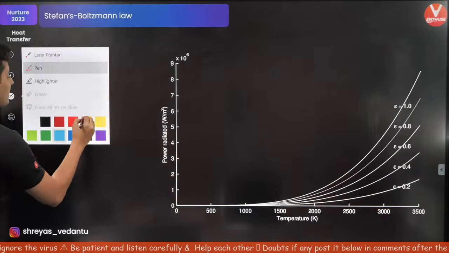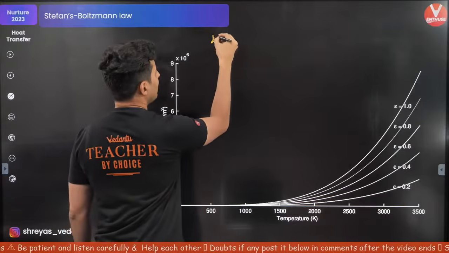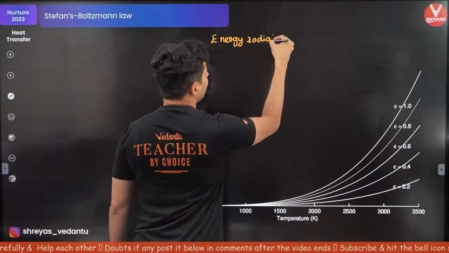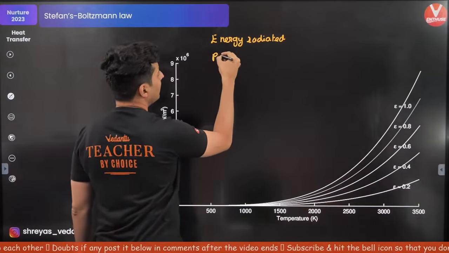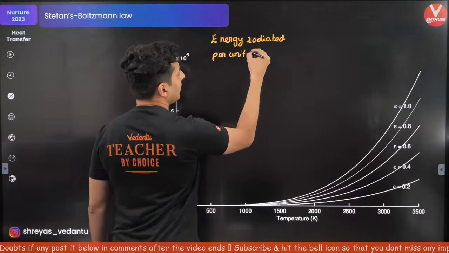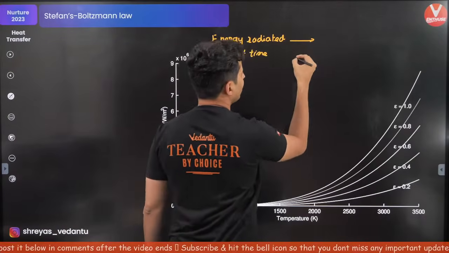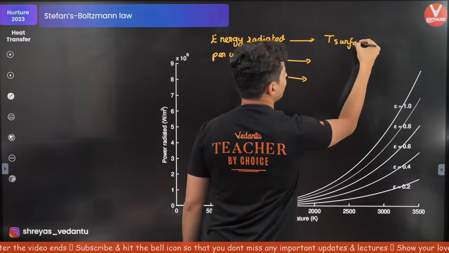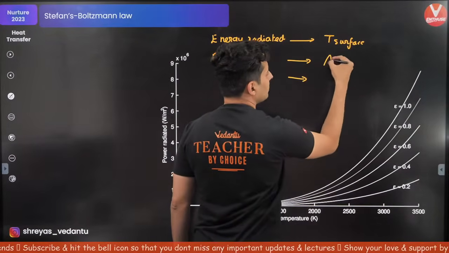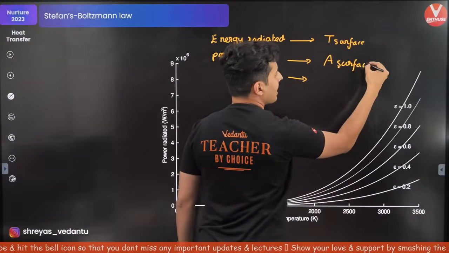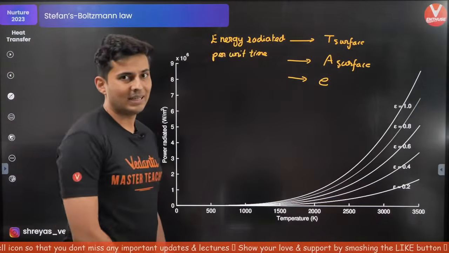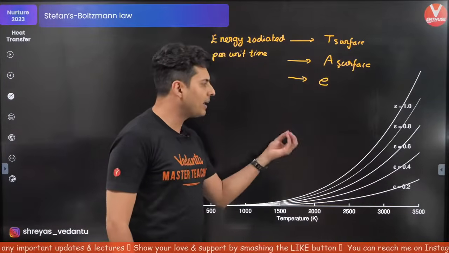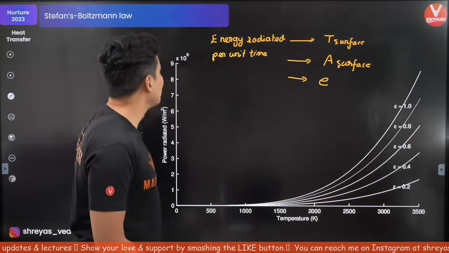The energy radiated or emitted per unit time depends on three things. Number one, temperature of the surface, area of the surface, and also the emissivity of that material. And when you plot these graphs and find out to which power it is proportional, that's what Stefan and Boltzmann did.